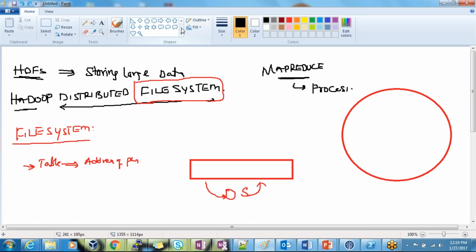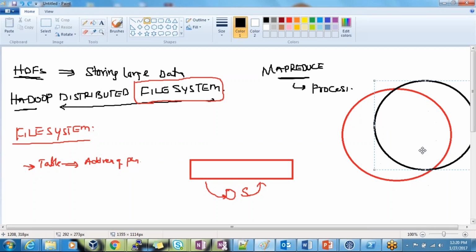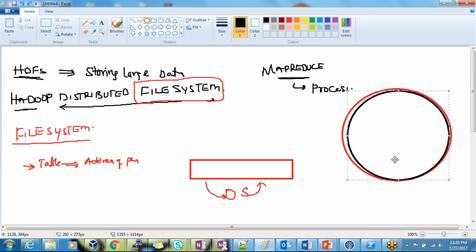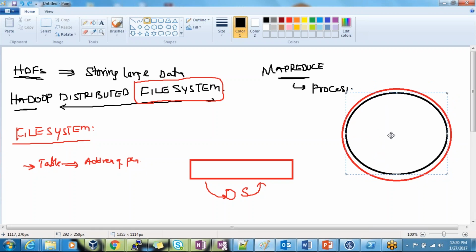You'll be having tracks. So actually I'm looking for the circle. You'll be having tracks like this. You'll be having tracks like this.